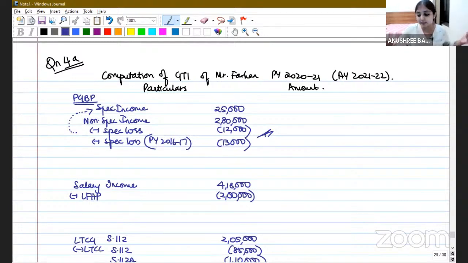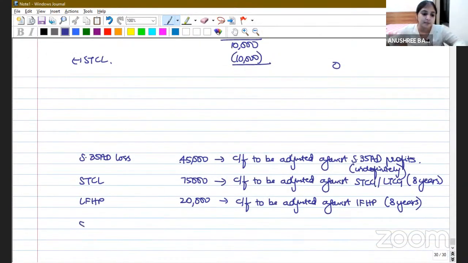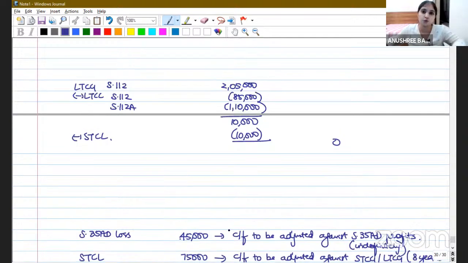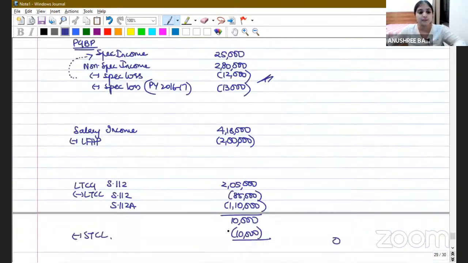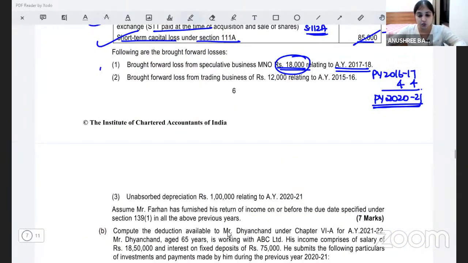I do have speculative income of 25,000, but I already adjusted 12,000 against current year speculative loss. So we are left only with 13,000, and only that much we can adjust. The balance speculation loss of 5,000, belonging to previous year 16-17, will simply lapse because 4 years are over. Okay, so this is about my speculation loss.